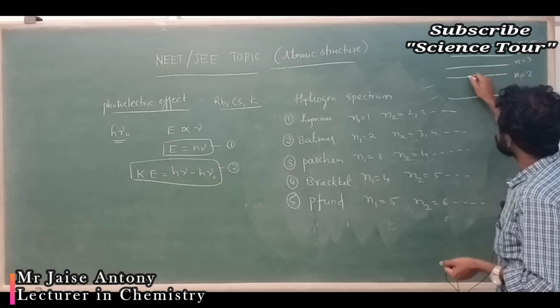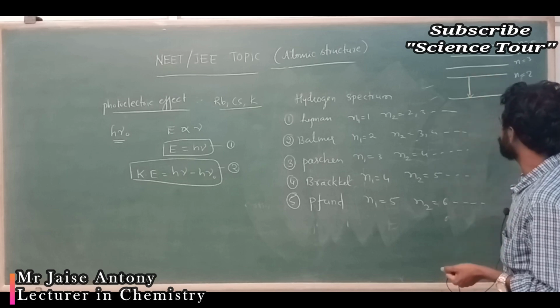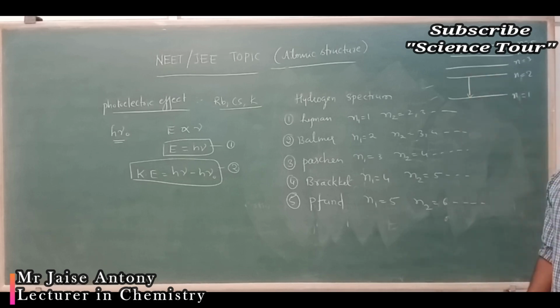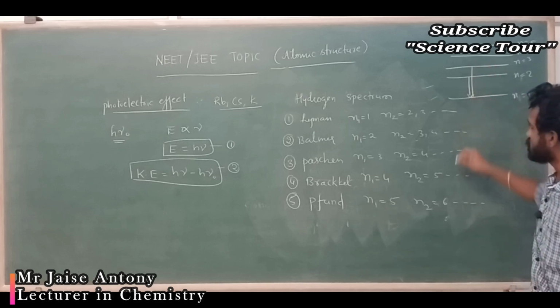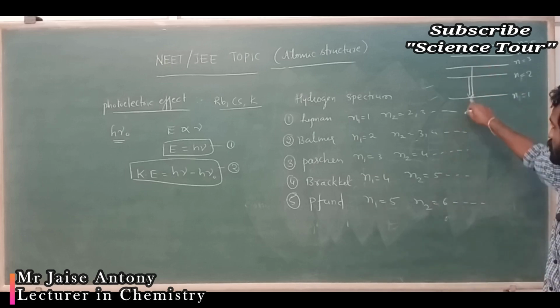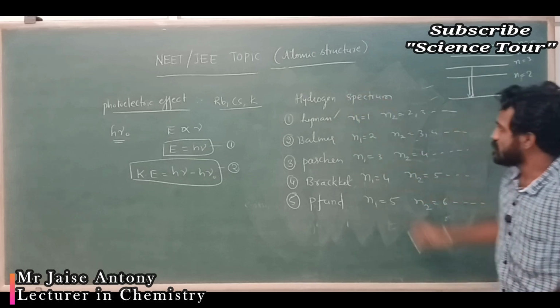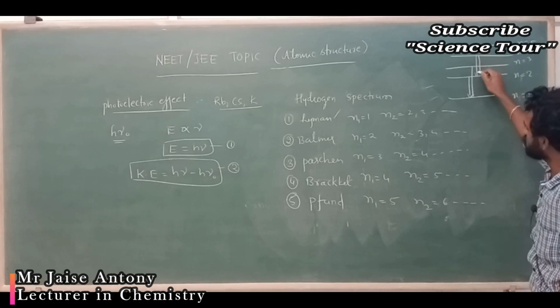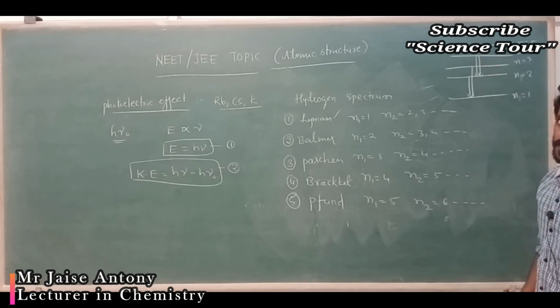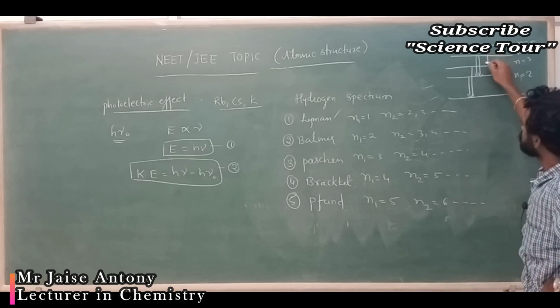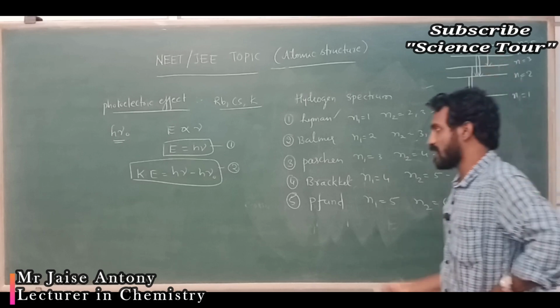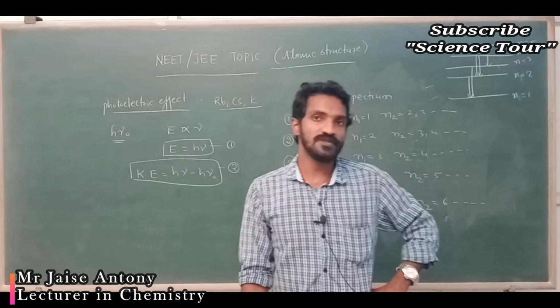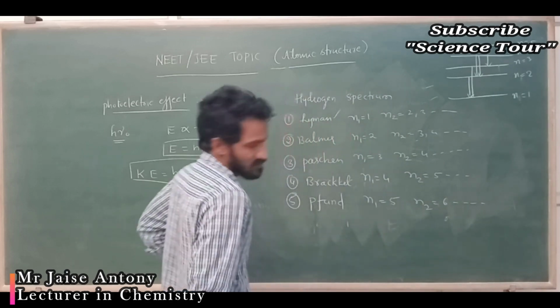If the electron emits radiation and comes back to n equal to 1 level, then it is the Lyman series, understood? And Balmer series, if it reaches only n equal to 2 level, understood? n equal to 3 level, Paschen series, that I explained in the board class. Please note down this, okay, my dear students?